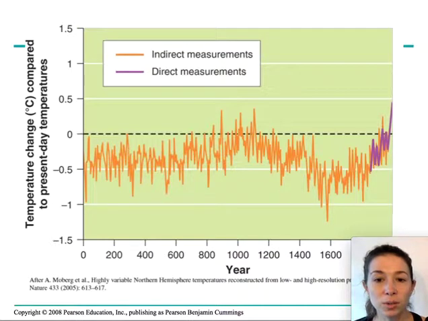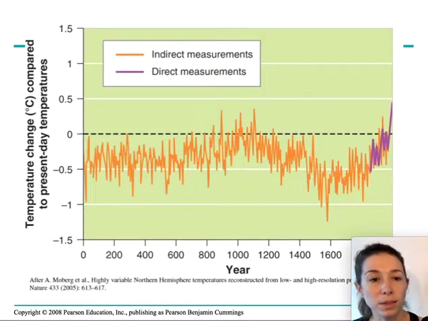They're showing you that if we use other methods to estimate temperature, some of which are discussed in your SimBio module, and I expect you to know what they are, such as tree rings, the indirect measurements and the direct measurements follow each other very, very closely. So this gives confidence to our model and our ability to predict what the temperature was in the past.